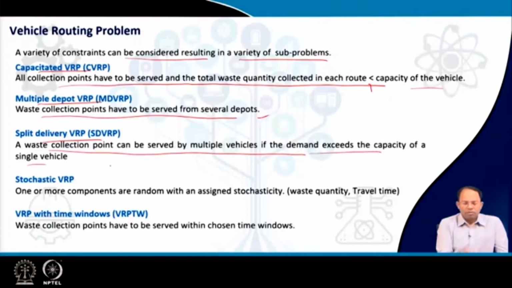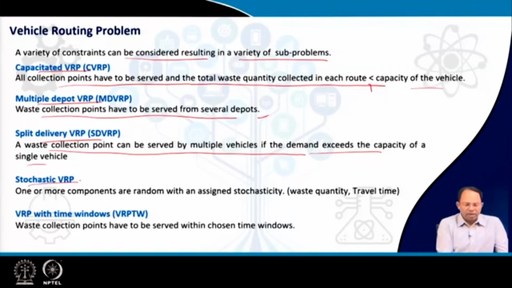Some collection points have 3 or 4 bins because it's a large collection point like a market, so it has to be served by multiple vehicles. So, how do I allocate routes for all these vehicles with some common points where all vehicles will come? That has to be determined.